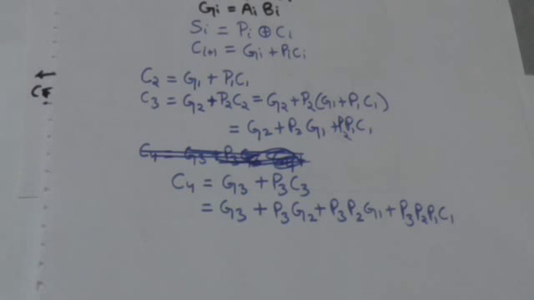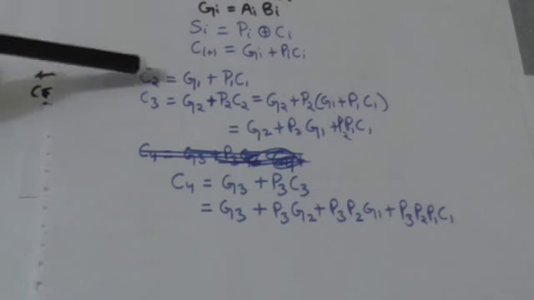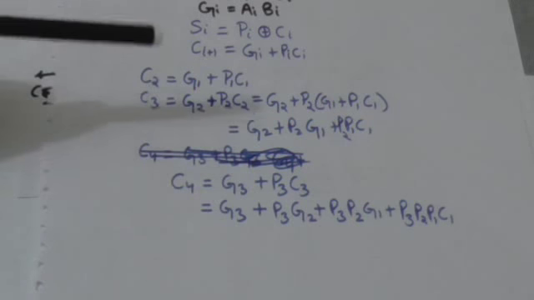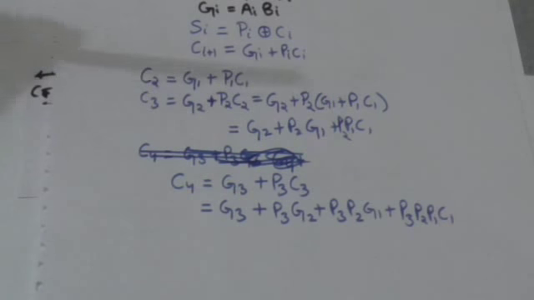Now C2, C3 and C4 are the Boolean functions which are formed of variables P1, P2, P3, G1, G2, G3 and C1.